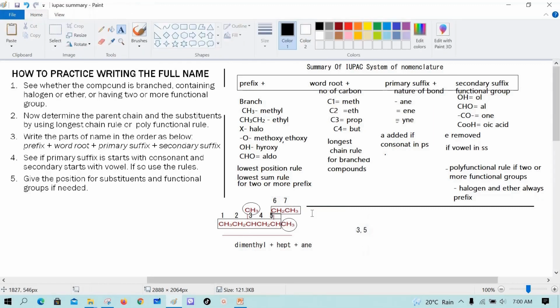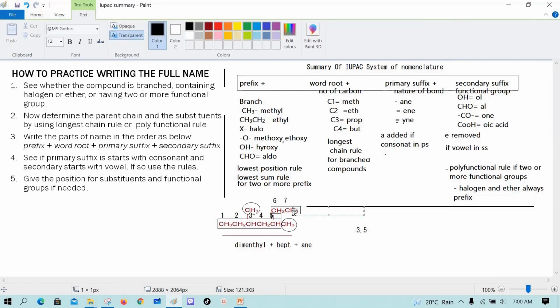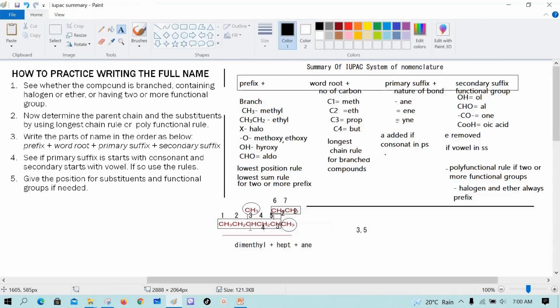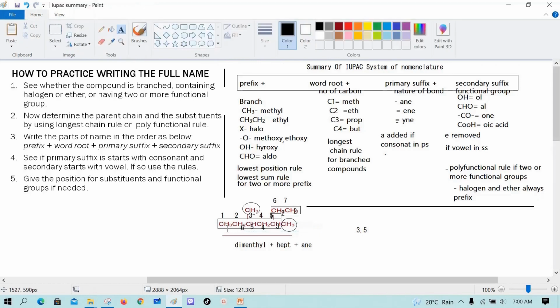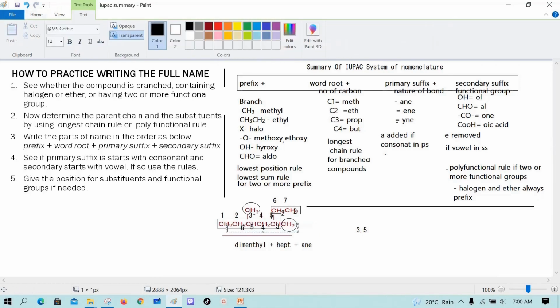Another possibility is when we start counting from this end. It will get 1, 2, 3, 4, 5, 6, 7.